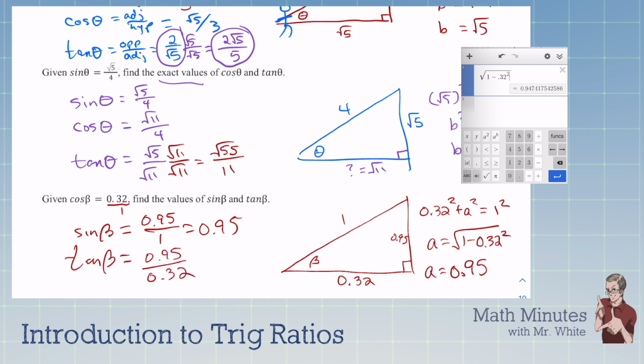So I could even take that number and divide by 0.32, just to make sure I was getting the fraction correct there. So this would be 2.96. 2.96 is the value for tangent.